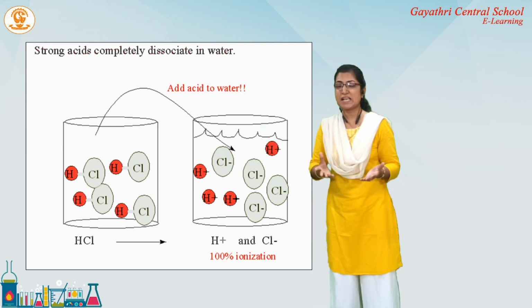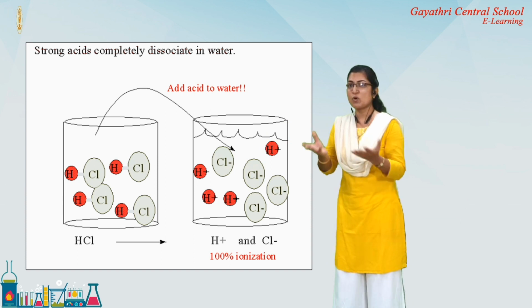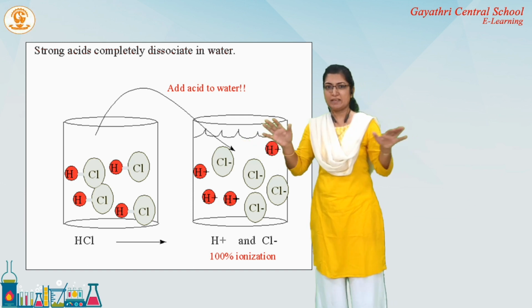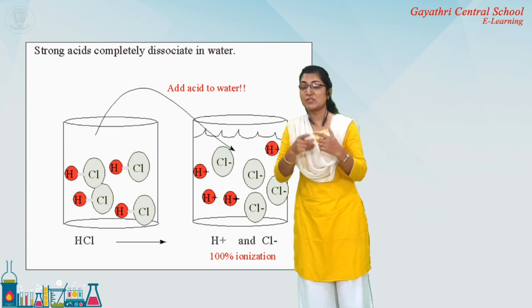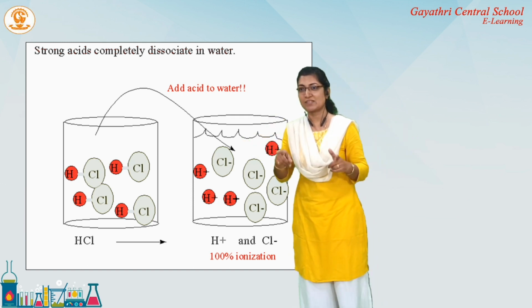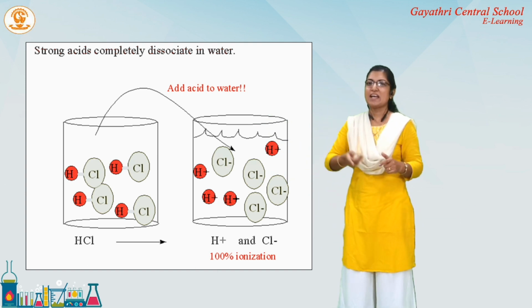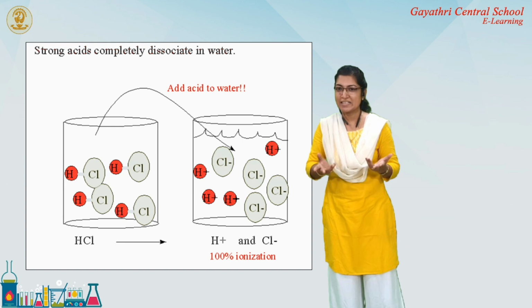If the H plus ion concentration is high, that is, if an acid breaks down completely, what is the breaking down of an acid into its corresponding ions called? Ionization, very good. You can also call it dissociation.